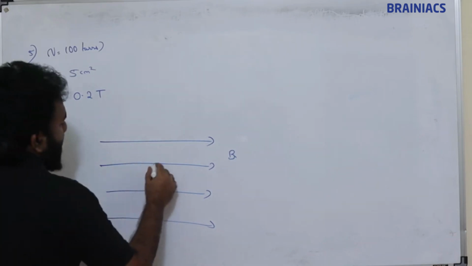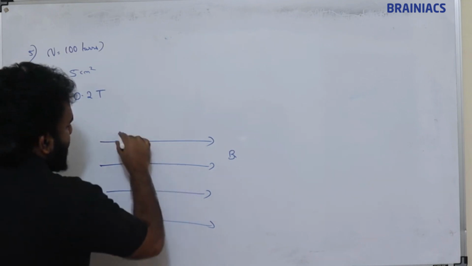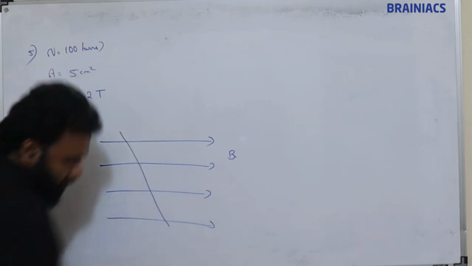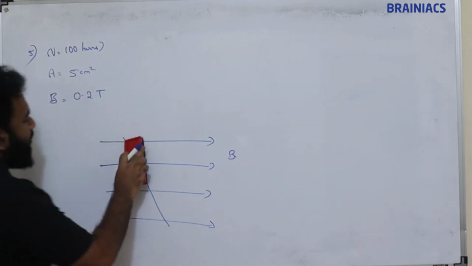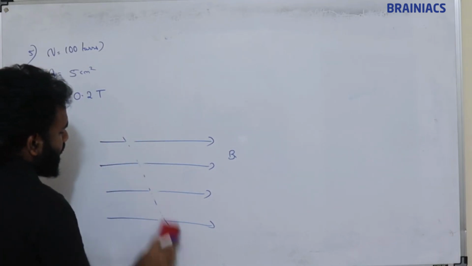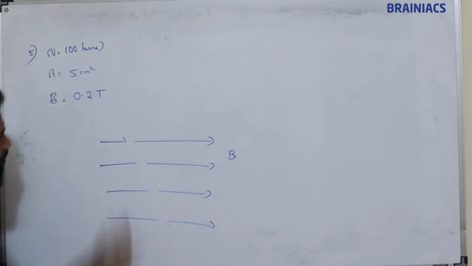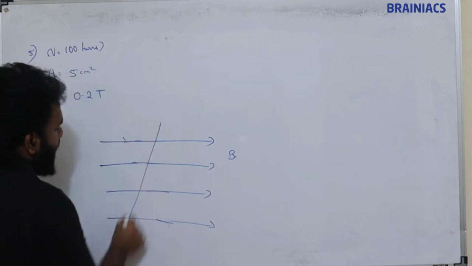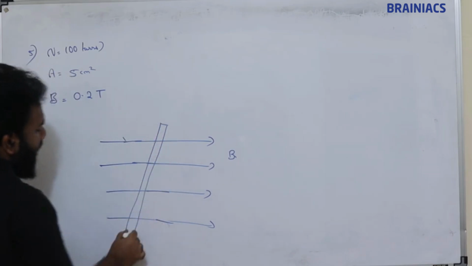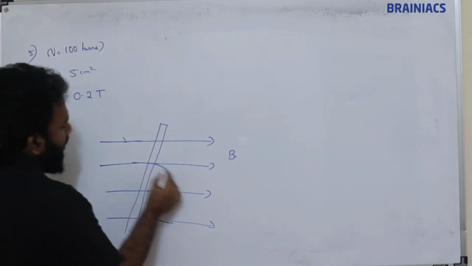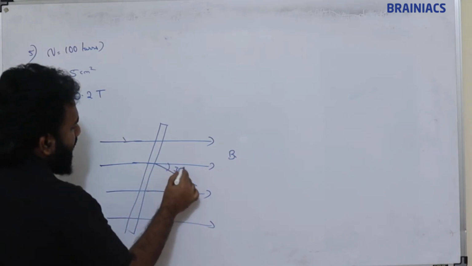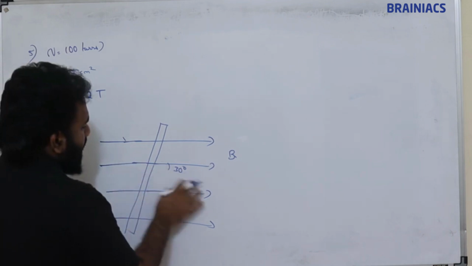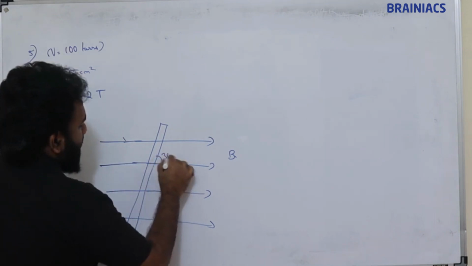So if this is the field direction, the coil is kept at an angle 30 degree, like this.